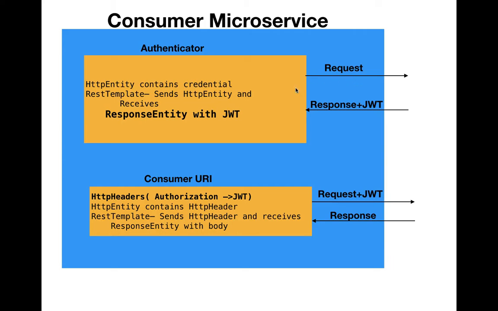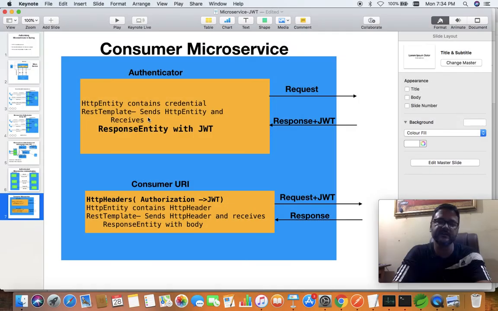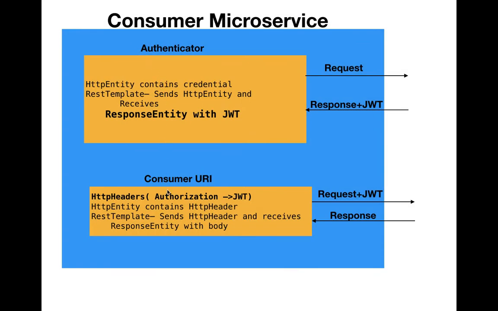So first the exchange will send the request and receive the response with JWT, which is going to be available in the response entity class, and once the response entity is available, then we can go on asking for the response from other URIs of the provider microservice. This is the consumer microservice.